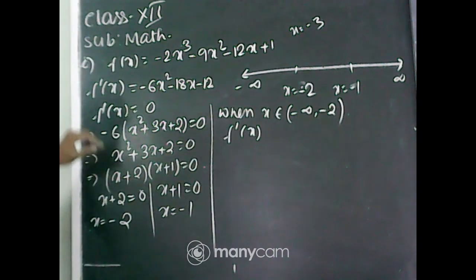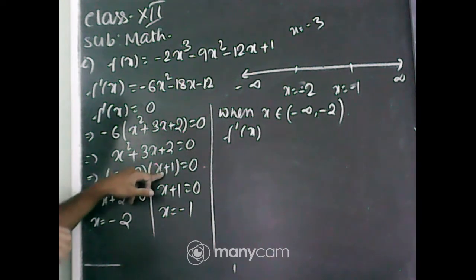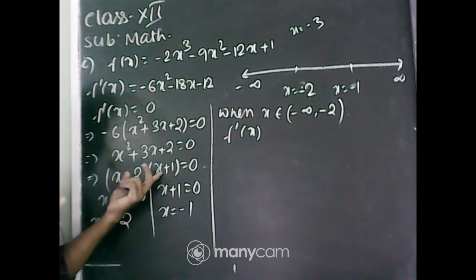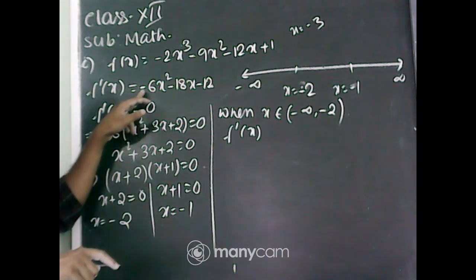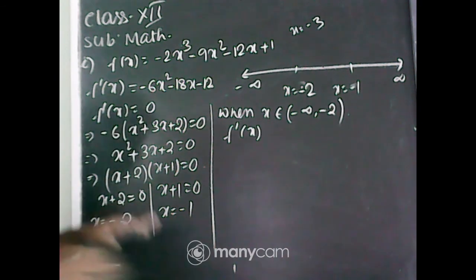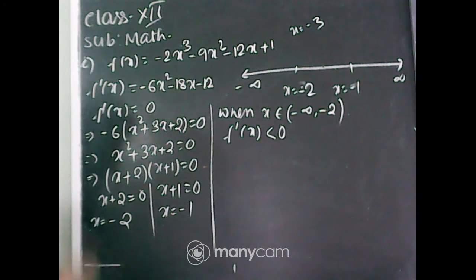If I put x equal to minus 3 here, we have minus 3 plus 2, that is minus 1, and this is also minus 1. So minus into minus is plus 1, and there is again a negative sign, so the final answer will be negative, isn't it? So f'(x) is less than 0.